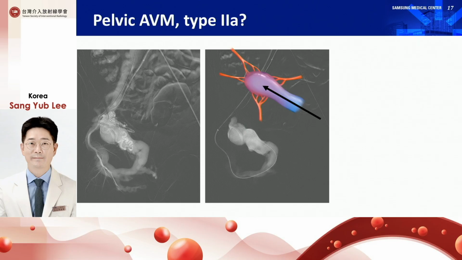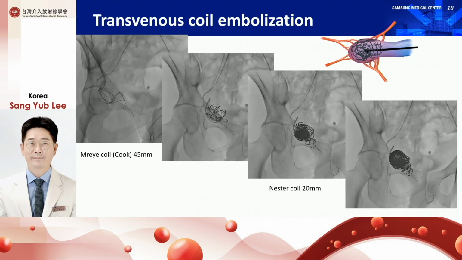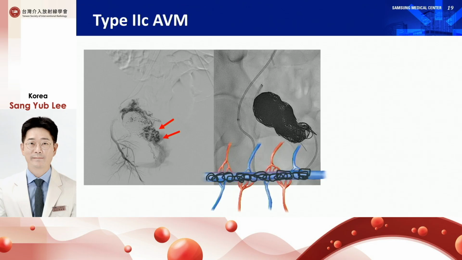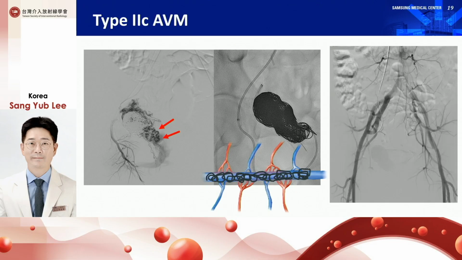We put a pipe French catheter and put many coils to slow down the AV shunt. However, there is a residual AV shunt more proximal to the coil mass. So we put more coils to embolize this long elongated vein. And this is the final result.